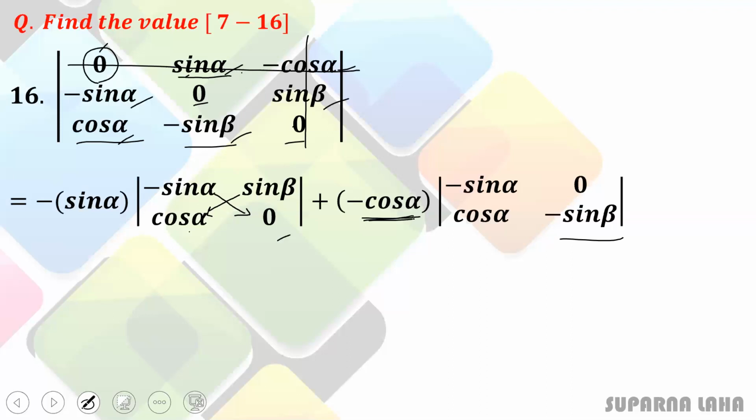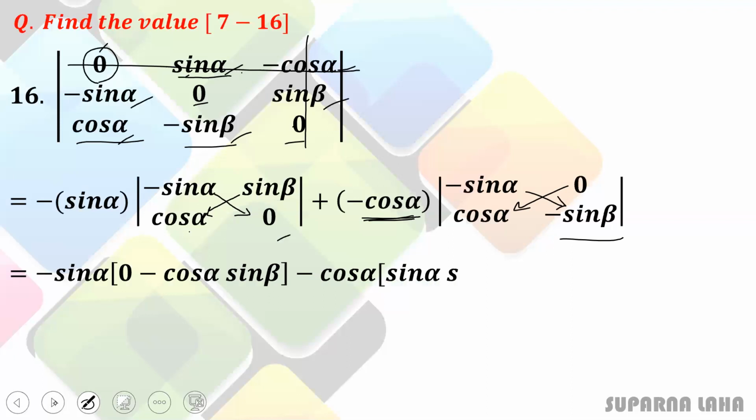And for this term, minus cos alpha into, just multiply them, minus sine alpha into minus sine beta, that is sine alpha sine beta, and 0 into cos alpha, that is 0. So only this term we find as the determinant value, that is sine alpha sine beta. So write it down: minus sine alpha into 0 minus cos alpha sine beta, and this one will be minus cos alpha into sine alpha sine beta.